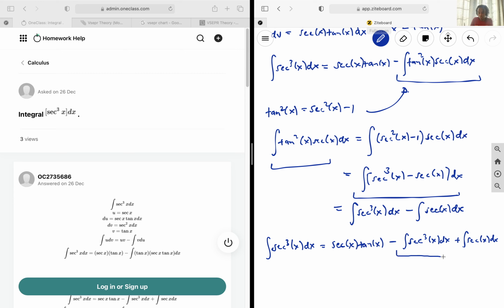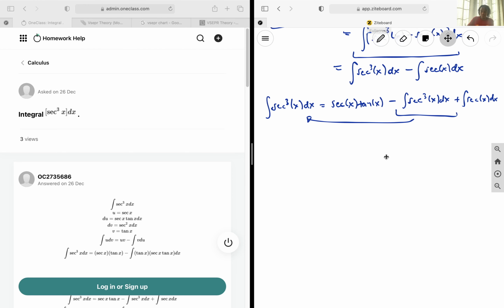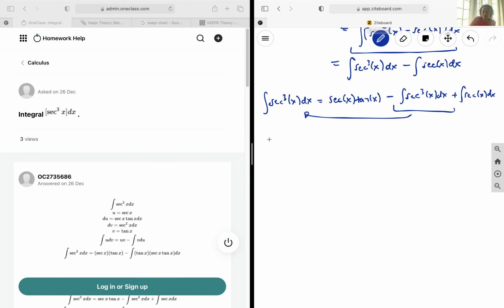What we're going to do is, we don't know this, this is what we're trying to find, so we're going to bring it over to the other side so we can isolate it. And this will give us 2 multiplied by the integral of secant cubed x dx is equal to secant x tan x plus the integral of secant x dx. So now we need to go about finding this, and then once we add the two, we're going to divide by 2 in order to find our final answer.